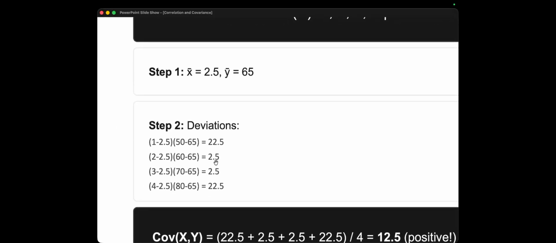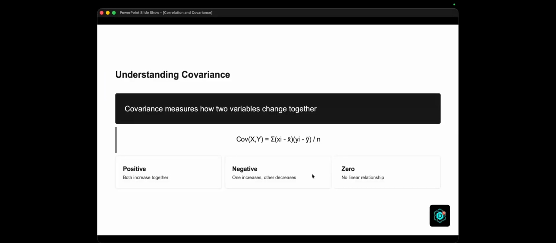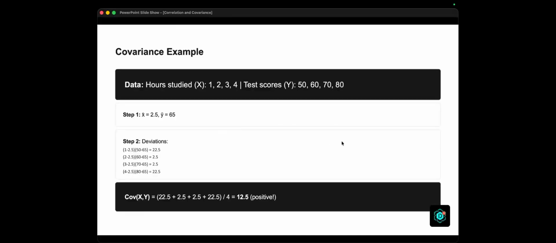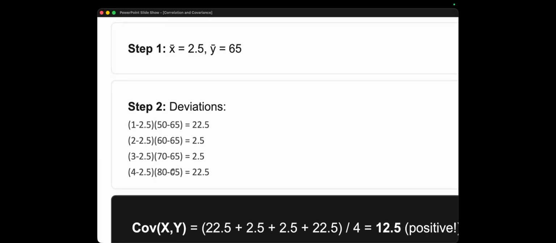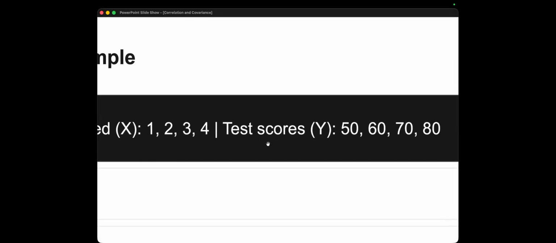I have done all the calculations here for you, so you don't need to do anything, but I just wanted you to know how we calculate the covariance. We calculate each term: this one multiplied by this one, and then this one multiplied by this one, and so on. Then we add all of them together and finally divide by n, which is the number of data points that we have.